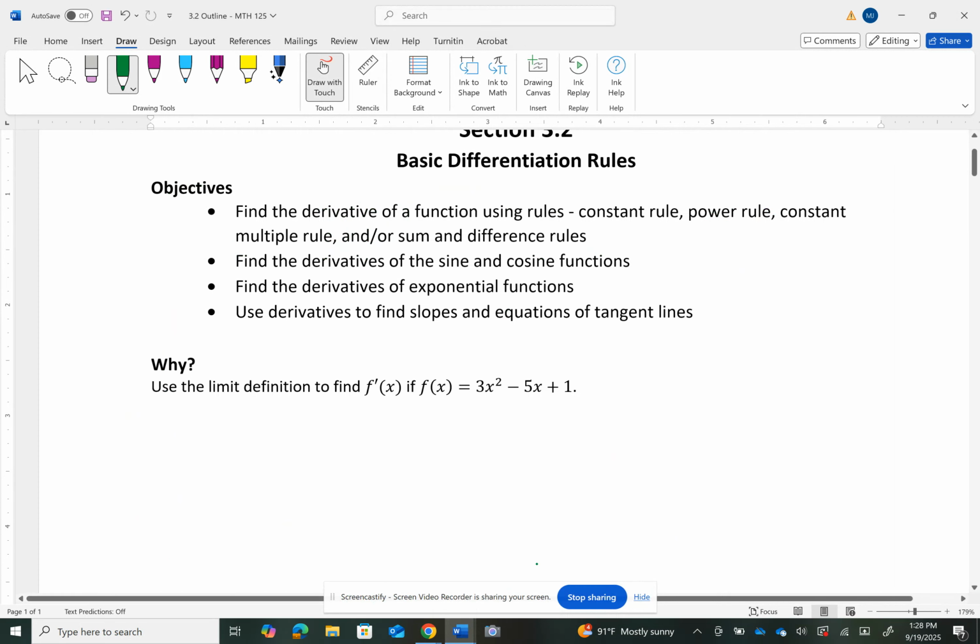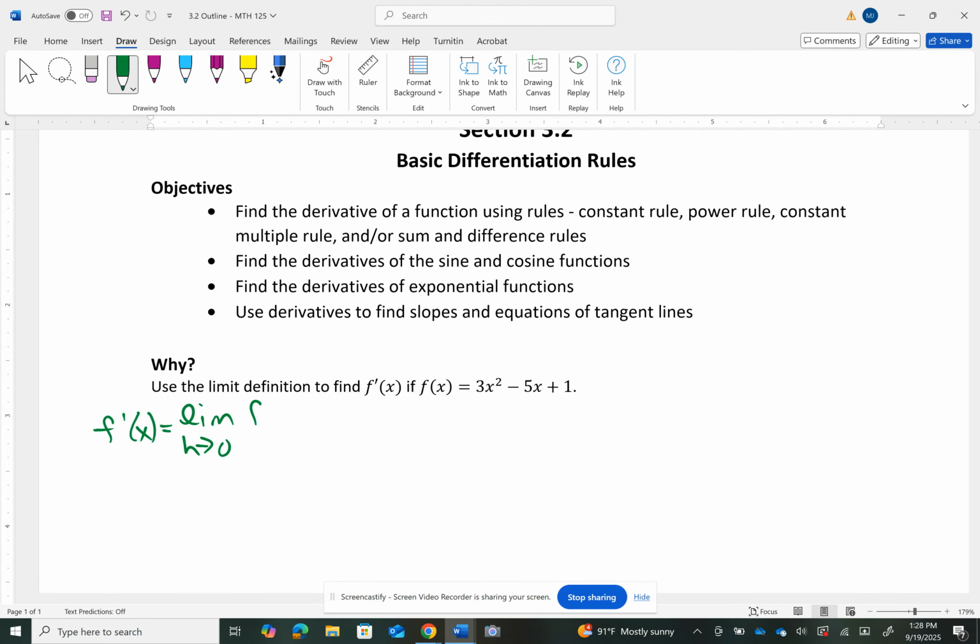All right, so if you were using the limit definition to find a derivative, the limit definition wound up being looking at the limit as h goes to 0 of f of x plus h minus f of x over h, okay? And so if our function f were 3x squared minus 5x plus 1, what we wound up doing is we wound up finding and simplifying the difference quotient.